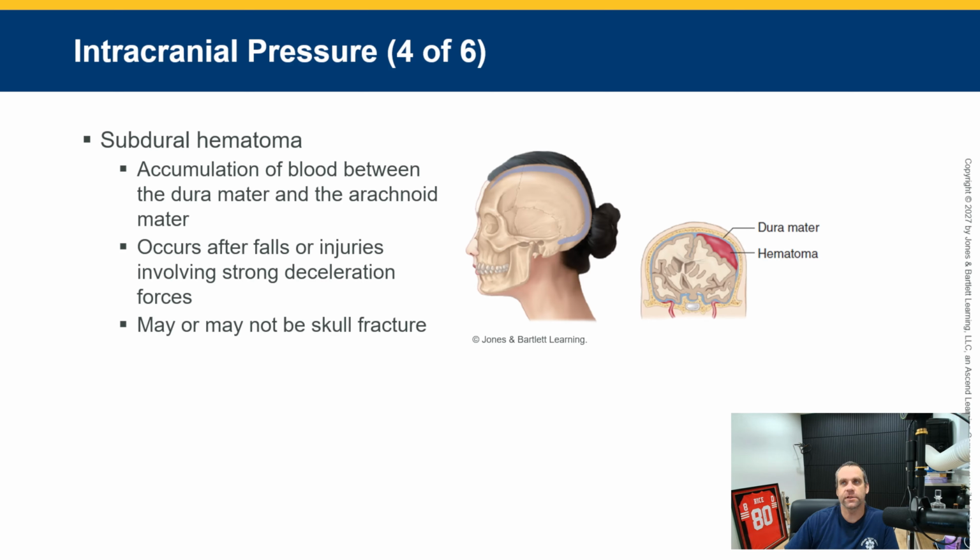Older adults, your geriatric patients, are at a little higher risk because of what's called age-related shrinkage of the brain. This places more tension on those bridging veins and creates additional room for blood to collect before symptoms become obvious.